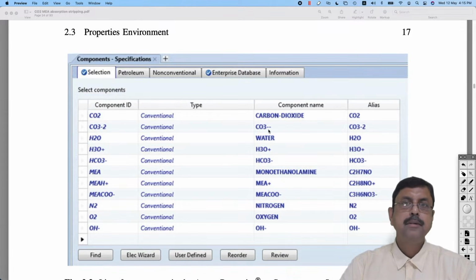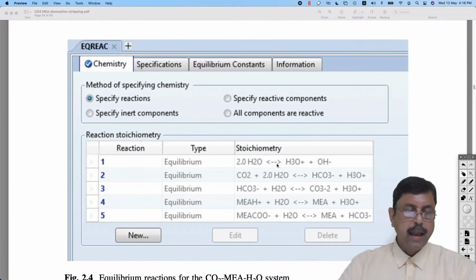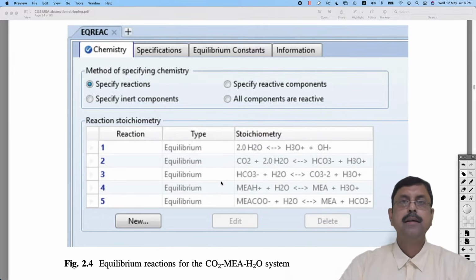It's an ion which has been given as a component. Because ionization will take place, there are reactions that will happen in reactive absorption where CO3 minus minus ion or H3O plus ion or HCO3 minus ion, they will be produced. So they have to be inserted in the component list in order to run the simulation properly.